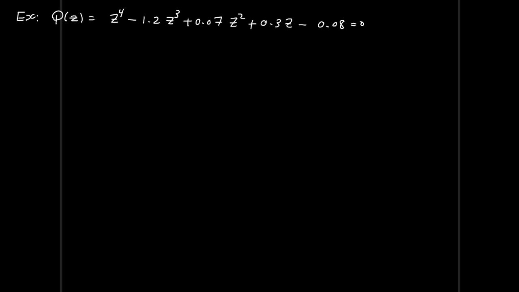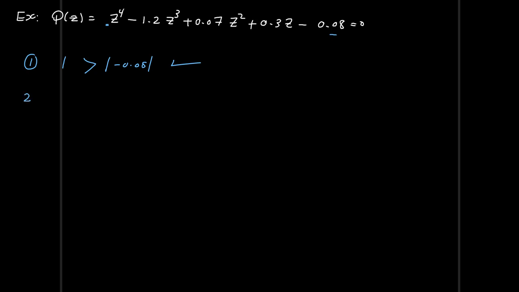If I need to find the exact location, it will be difficult. So let's start with the condition of the stability, and the first condition is the coefficient of the z to the power n, which is here 1, is greater than the absolute value of the coefficient of the power 0, which is here minus 0.08, and this is correct.